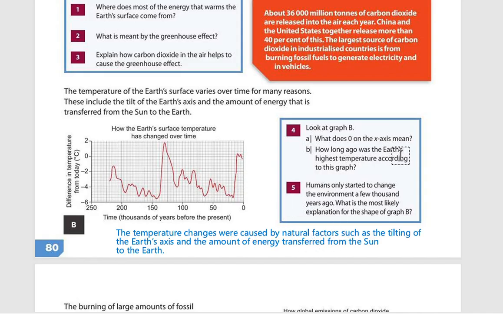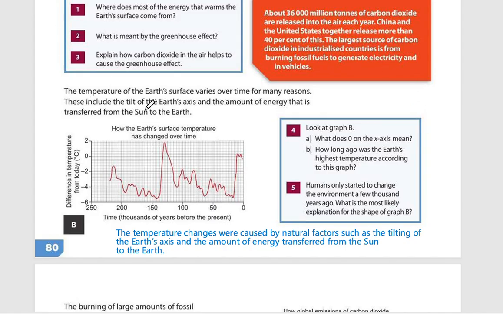Okay, so if there were no factories, no power plants, no vehicles used at that time, what could have happened? The temperature changes were caused by natural factors. So this is not man-made, this is by natural factors, such as the tilting of the Earth's axis.